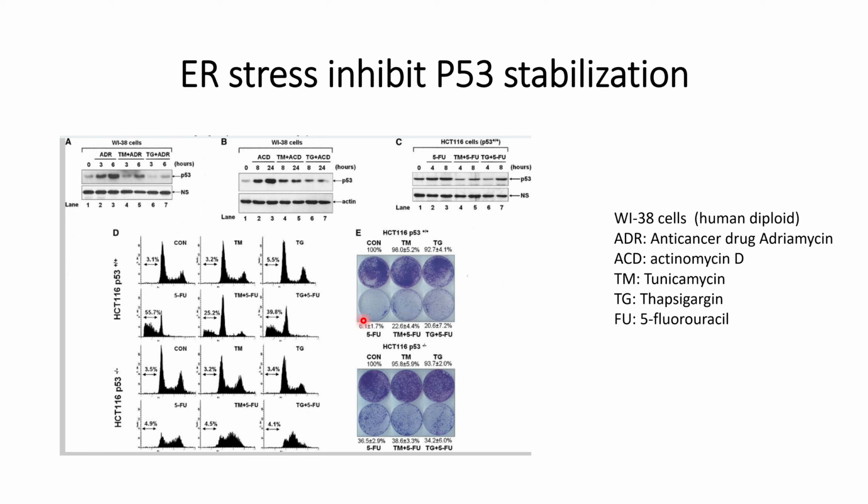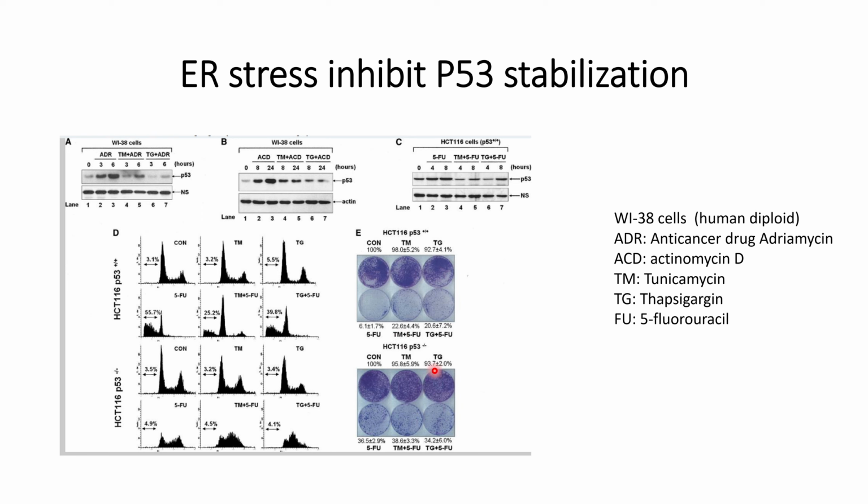The quantitative values are represented here. We can see that in the control cells treated with 5 fluorouracil, the cell population survival is around 6.1%, whereas where ER stress is introduced artificially, the cell population is increased, that is 22.6% or 20.6%.